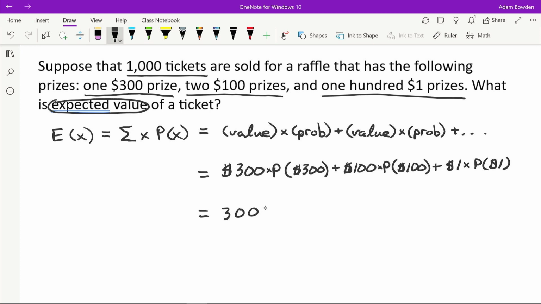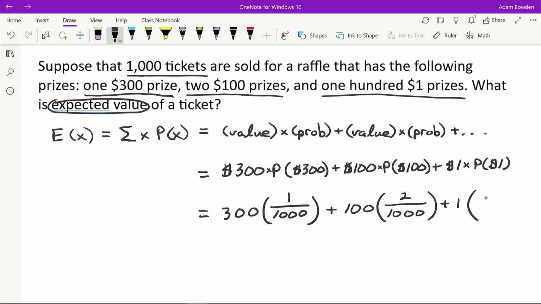$300 times the probability of winning the one $300 prize is 1 out of 1,000, because they sold 1,000 tickets. So 1 out of 1,000, plus $100 times the probability of winning a $100 prize, there are 2 of those out of 1,000, plus $1 times the probability of that happening, which is there are 100 of those prizes out of 1,000 total tickets.